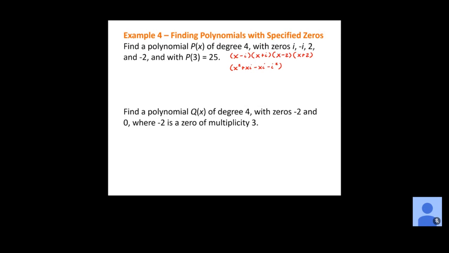Now I'm going to do the same thing with the x minus 2 and the x plus 2. We have x times x is x squared. Outer terms here give us plus 2x. Inner terms are minus 2x. And then negative 2 times 2 is going to be a negative 4.